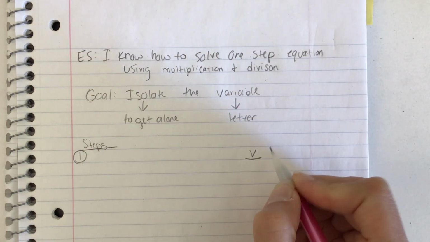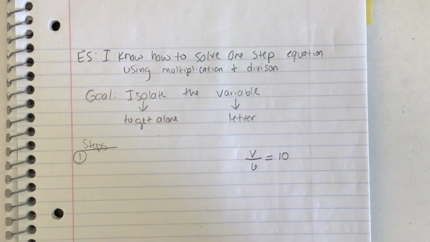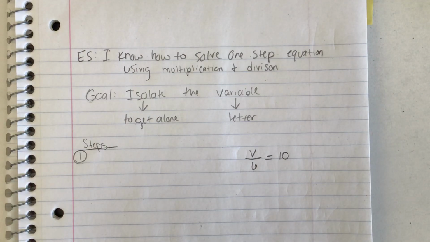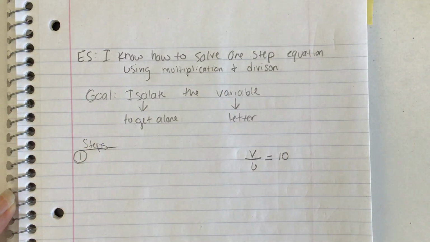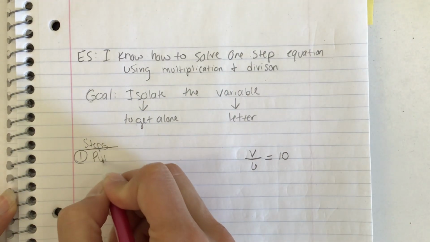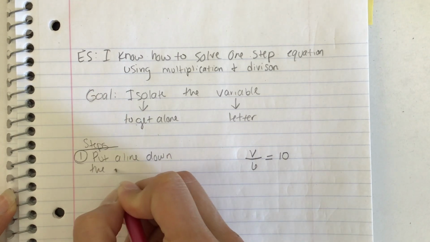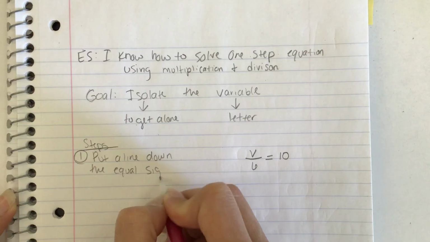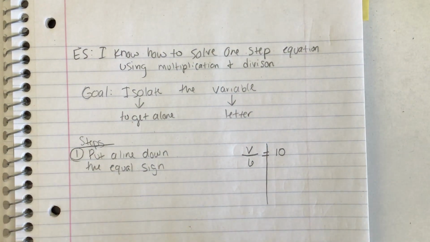V over 6 is equal to 10. So again, our first step is to always put a line down the equal sign. That shows us we need to balance the equation, and the variable wants to be alone on one side of the line.